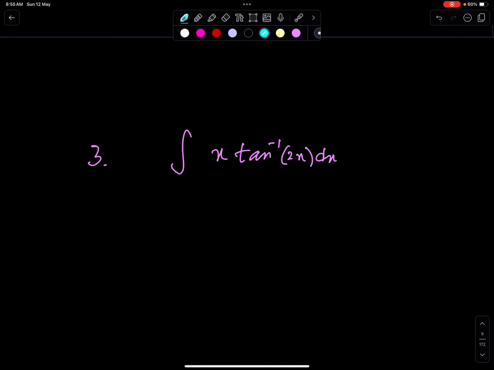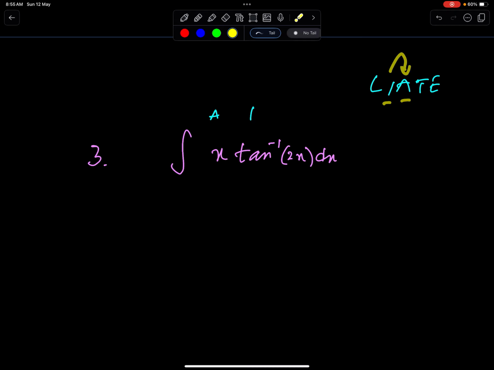In this example, we have a product of algebraic and inverse of tan. So now we need to check which letter comes first in LIATE. We have a product of inverse trigonometric and algebraic.